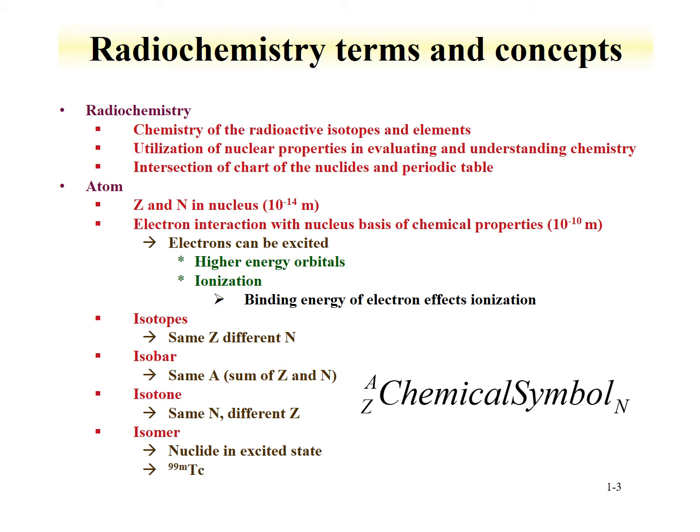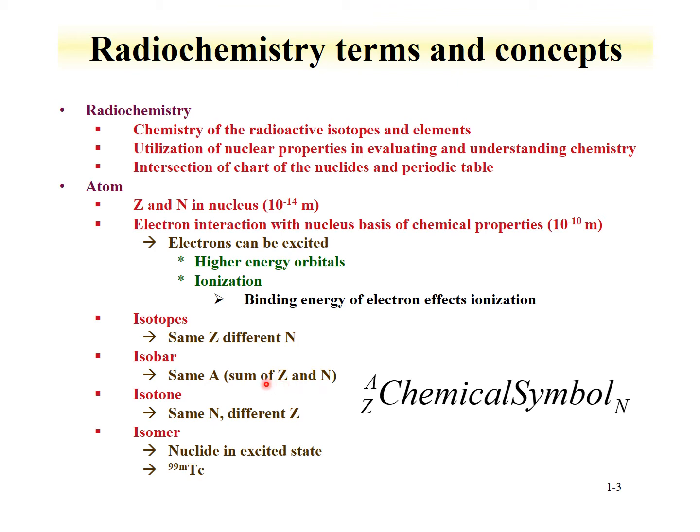So some of the terms that we have for atoms within radiochemistry, we've already discussed isotopes. So an isotope is the same Z, so the same proton number and different neutron numbers. An isobar, where we have the same A, the sum of the protons and neutrons.